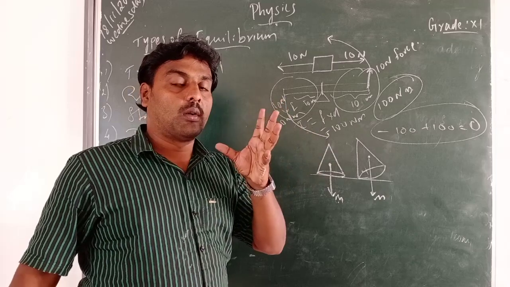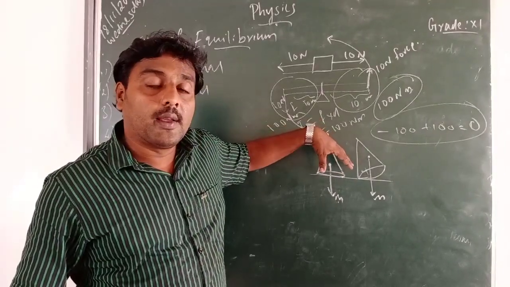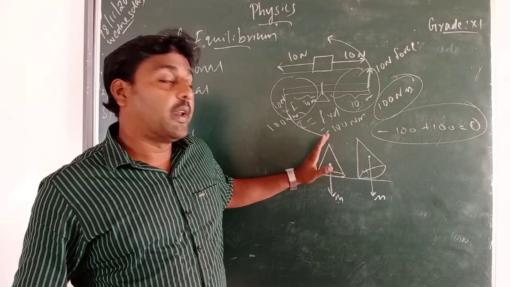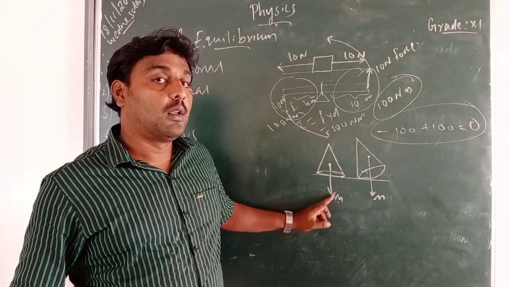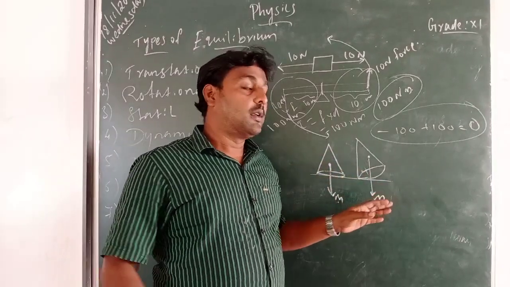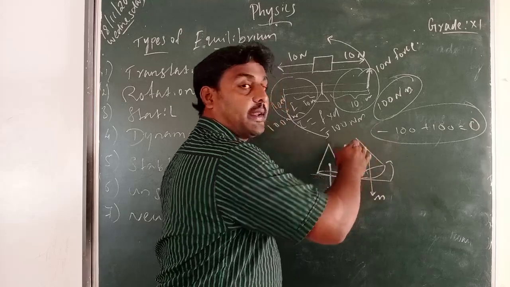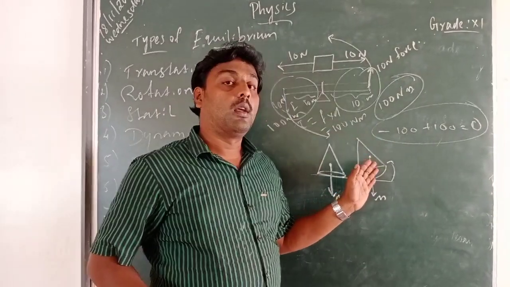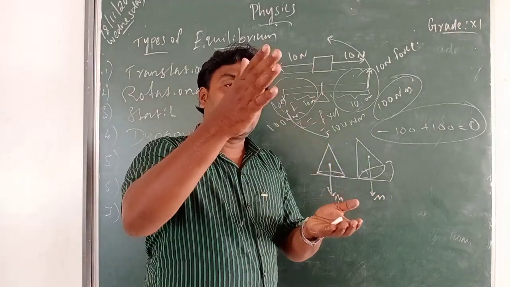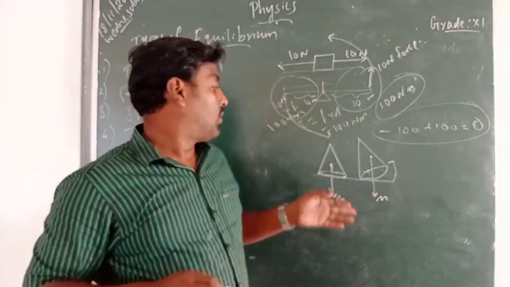Understand the concept? Assume one cone is like this. You can easily place it by its base. When it is kept in this position, the center of mass is here. If you just tilt or displace it slightly and leave it, it will come back to its original position.